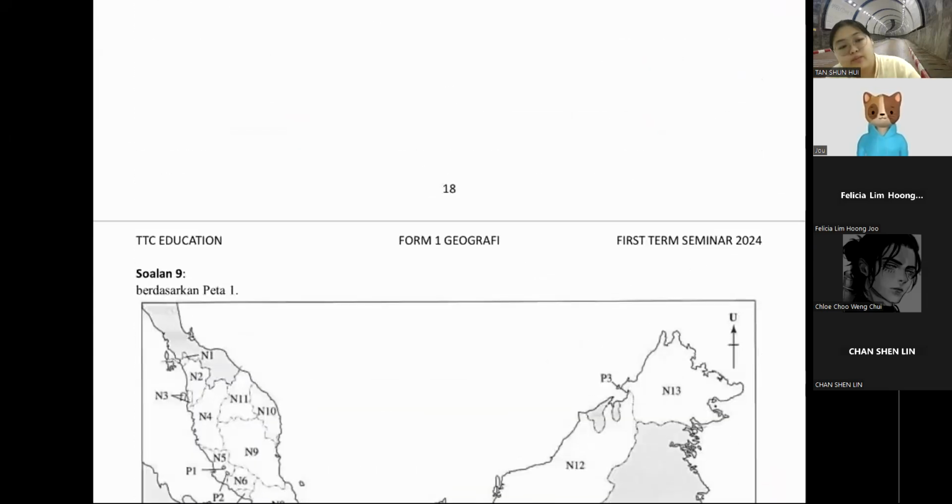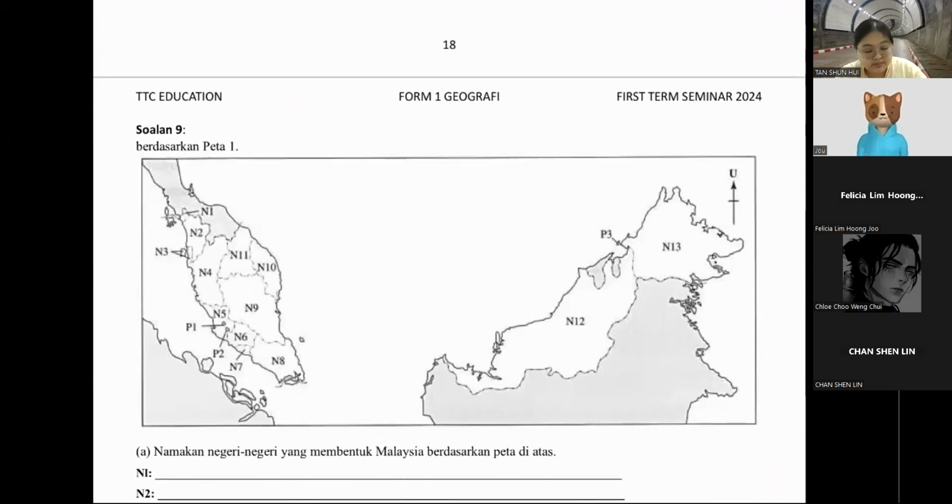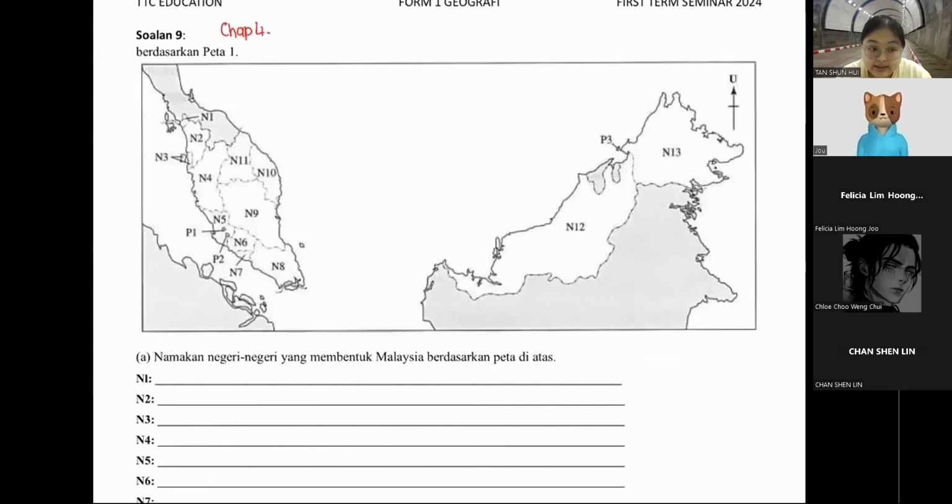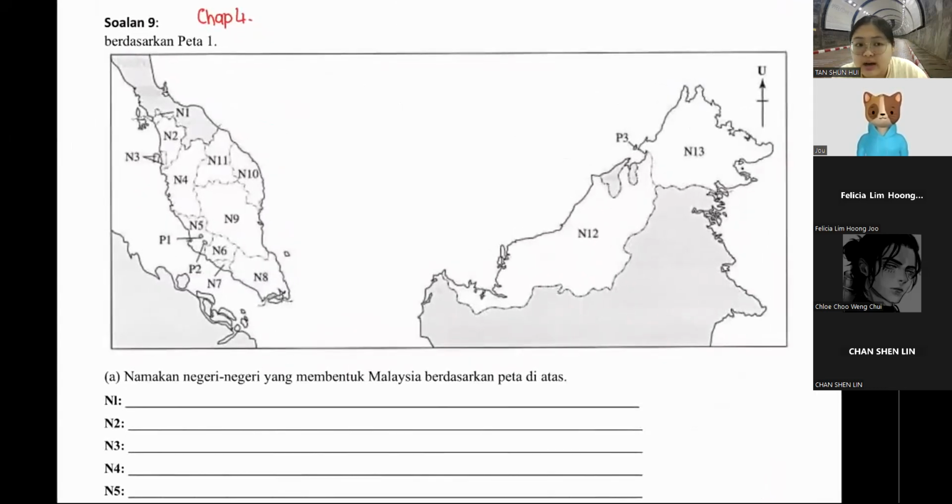Chapter 4. Question 9. Chapter 4 talks about what? Peta Malaysia. Malaysia map. Now, so Malaysia got how many states? Just a recap, yeah. Malaysia map. So Malaysia splits into two parts. Sorry, three parts. What is the name of this?